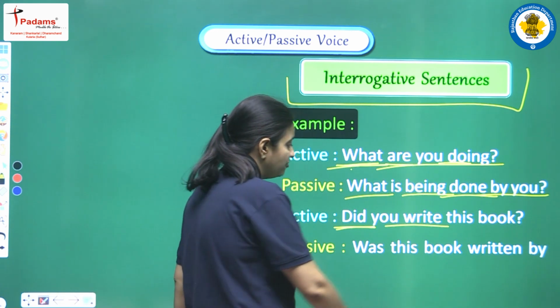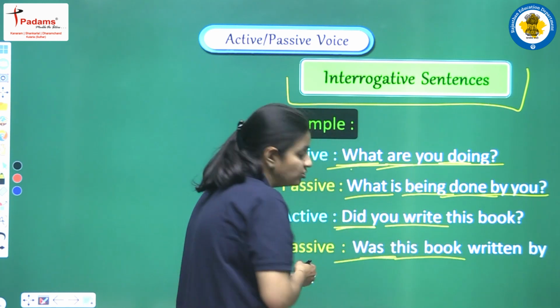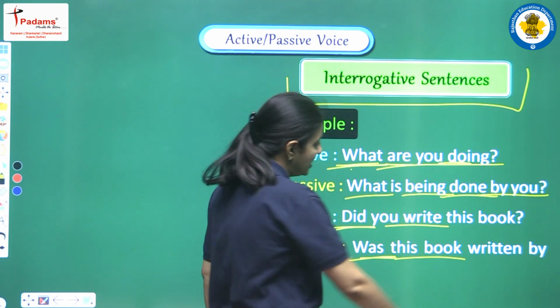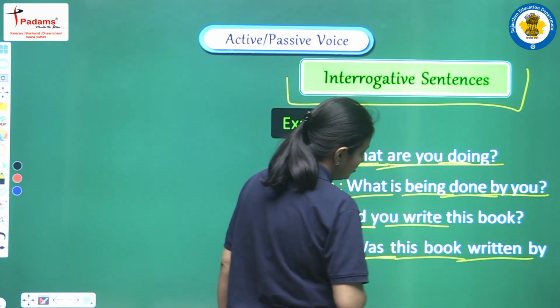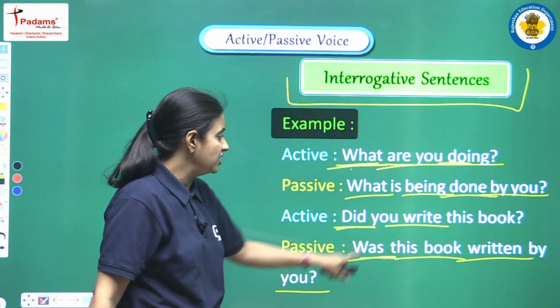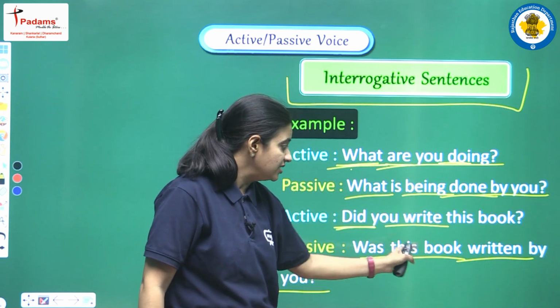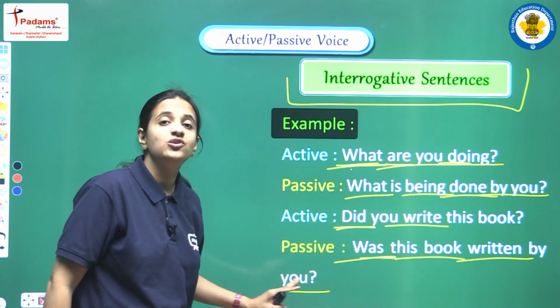Now we are having this book, that is a singular one. So for this book we are using was. Okay, next we are writing the third form of the main verb, third form of write, it will be written, and in the end we are using you and we are adding by. So our answer is was this book written by you.